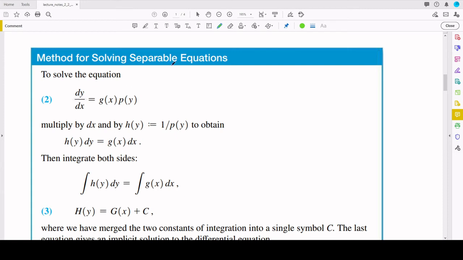But if we then multiply both sides times dx, then the dx's, we can think of them canceling out here. And then we're going to multiply both sides by 1 over p(y), or we can think of that as dividing both sides by p(y).